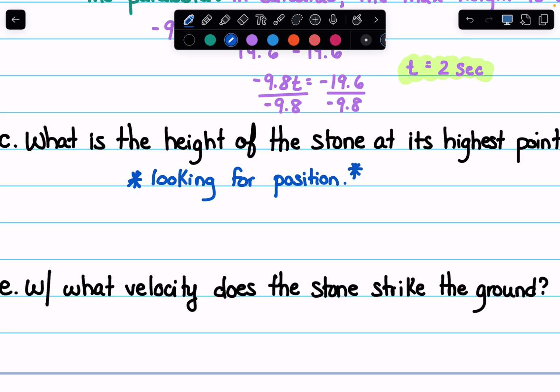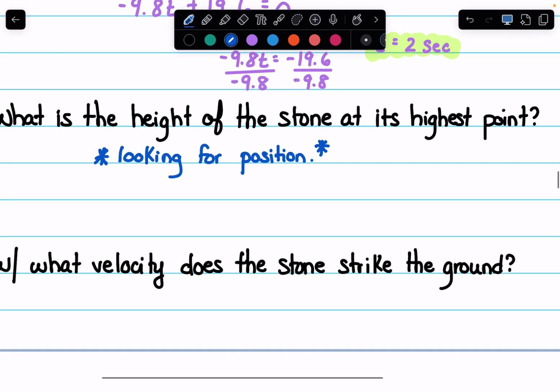So we're not going to use a derivative, right? That wouldn't make any sense. We just want to know the position of it at the highest point.